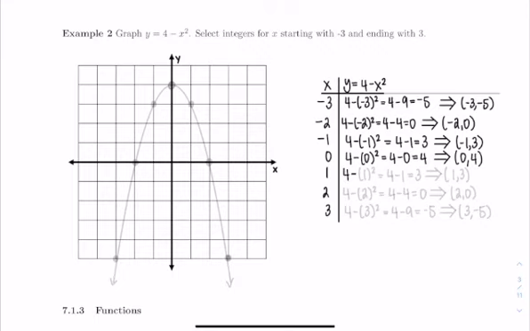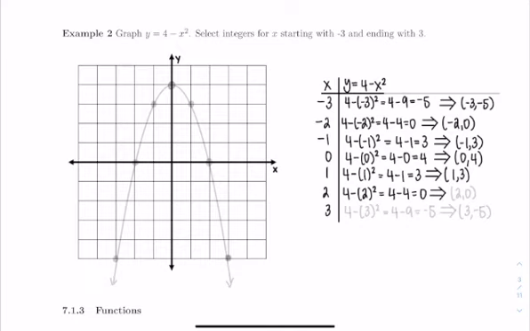Plugging in 0, we have 4 minus 0 squared, which is just 4 minus 0, or we get 4. And so we end up with 0, comma, 4 as our ordered pair. Plugging in 1, we have 4 minus 1 squared, or 4 minus 1, which is 3. And so we get the point 1, comma, 3. We have 4 minus 2 squared, which is 4 minus 4, or 0.